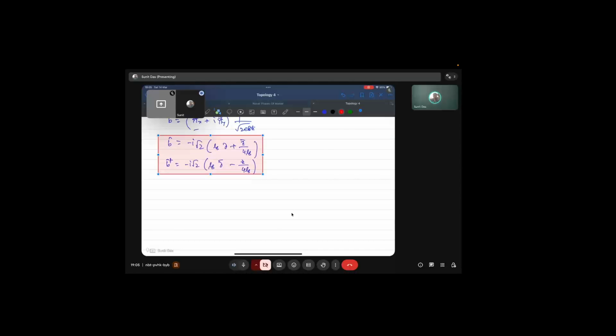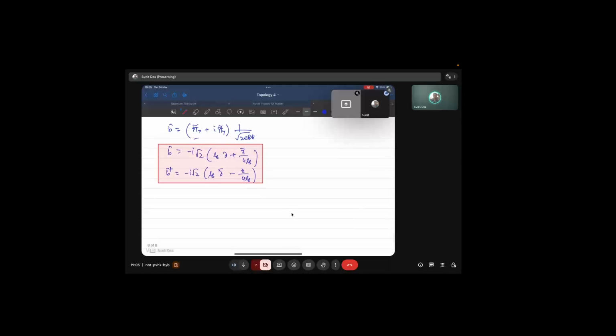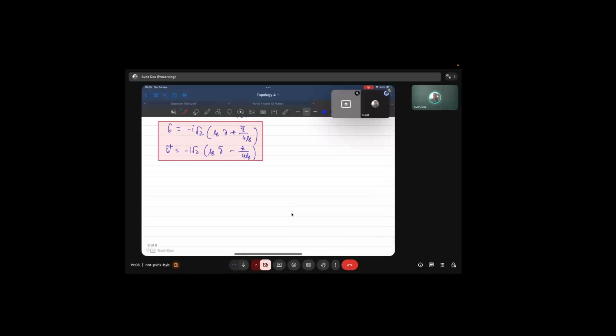Okay, so we got two sets of operators, right? All expressed in terms of the partial operator del and then z bar. Now what we essentially want is that B dagger omega, or rather we wrote it psi z bar, right? It should also be 0.